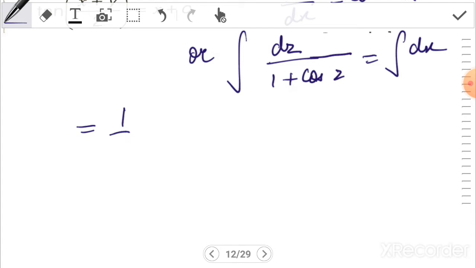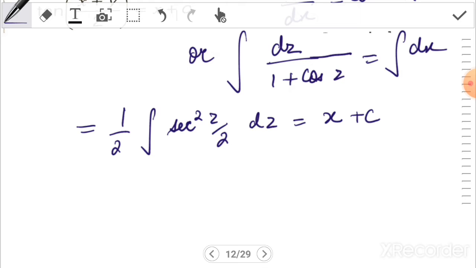So we have 1 by 2 integral of 1 by cos square z by 2, which is equal to sec square z by 2, dz is equal to x plus c.